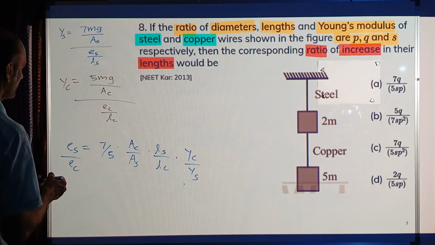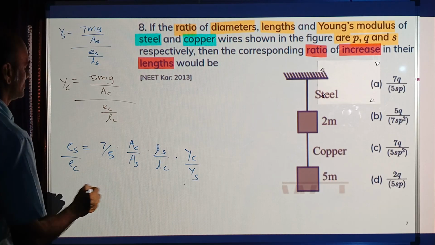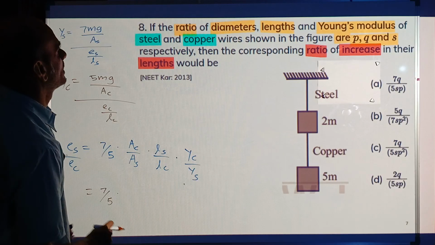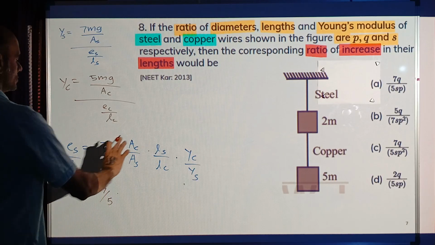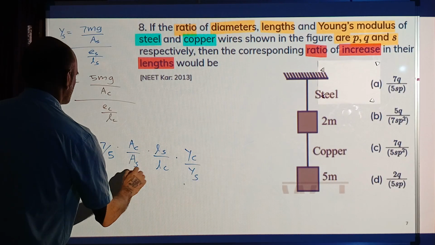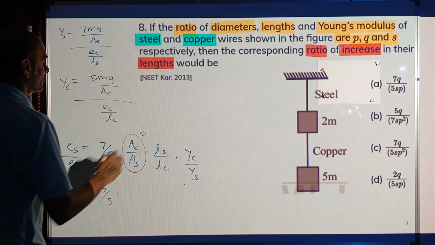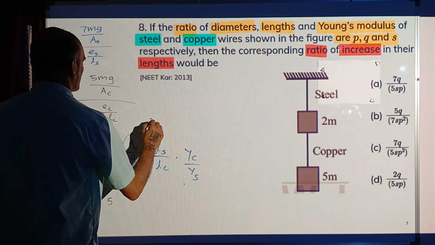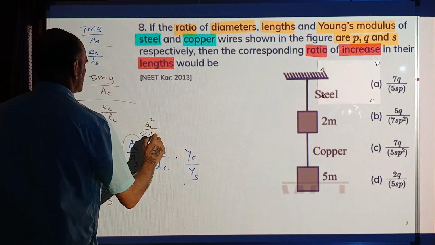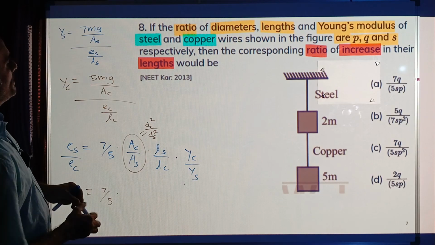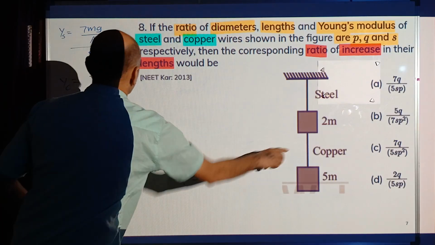So this will give me 7 by 5 times the ratio of the diameters. In terms of diameter, area is π/4 d square, so this will become diameter of copper by diameter of steel square. So ratio of diameters is P, and that is steel by copper.